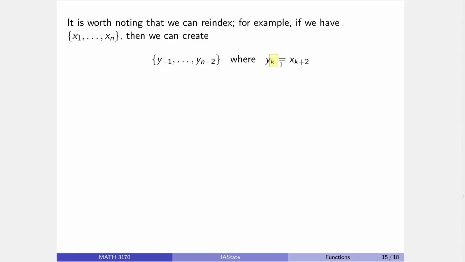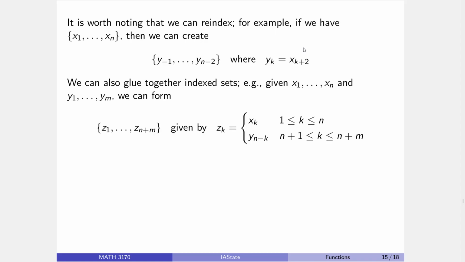So for example, here, y of negative 1, you'd plug the negative 1 in here and get 1. N minus 2, plug that in, the 2's cancel, you get x of n. So, right, it doesn't matter where you start indexing, you can move it around to wherever you want. We've kind of already mentioned this, but typically we'll start at 1 or we'll start at 0 depending on the context.